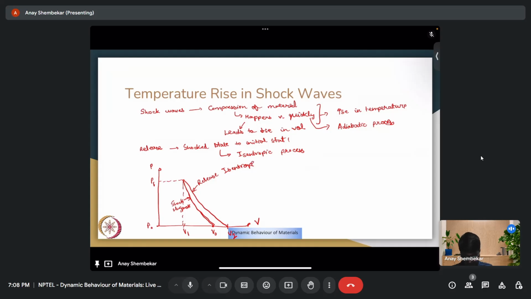So we can see that in this process there will be some amount of energy that is lost in the system. That would be given by the area of this PV diagram between the two processes, going to the shock state and coming back to the initial state. We'll also see that your T2 is greater than T naught.